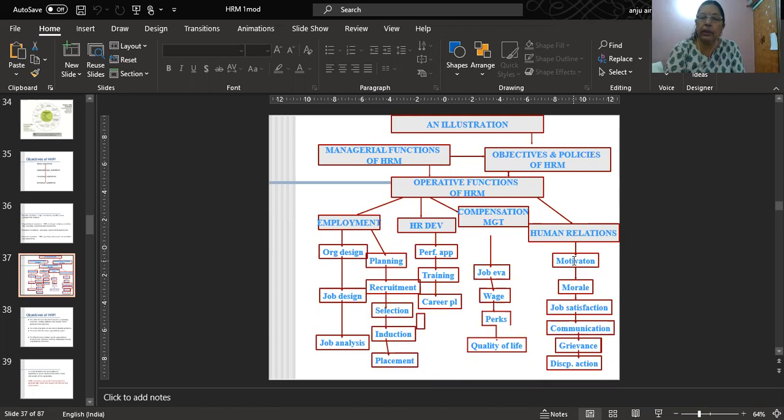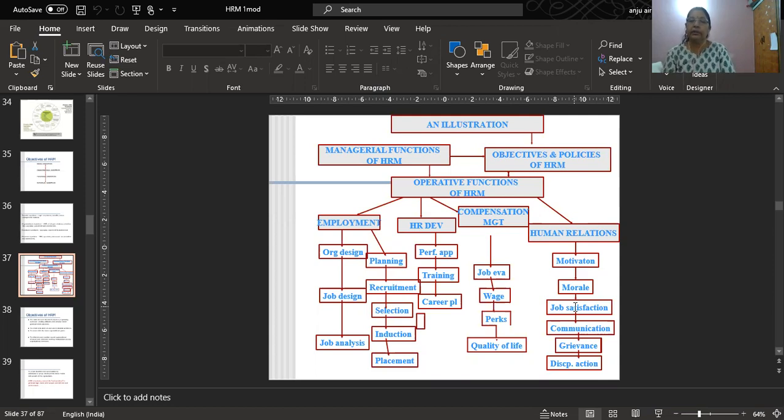They motivate their employees, increase their morale, increase their job satisfaction by providing them a good working environment and all the facilities, and having good communication with employees, communicating whatever is required to employees.